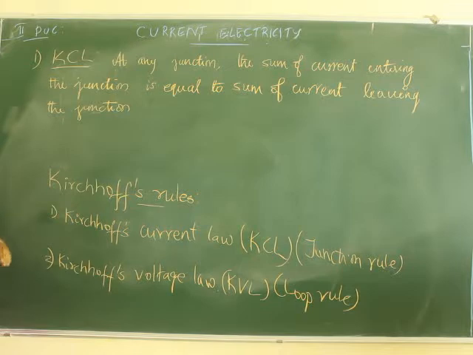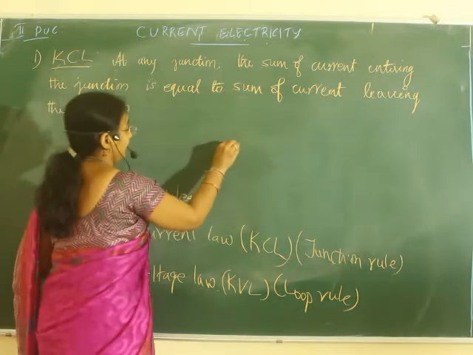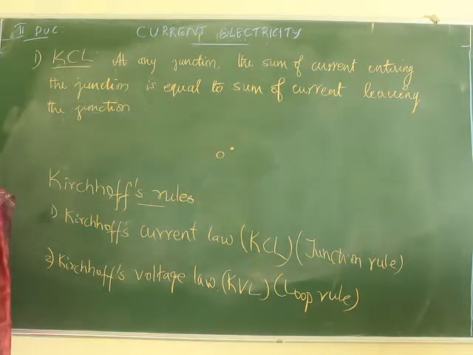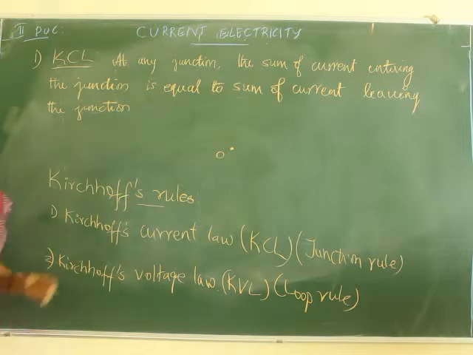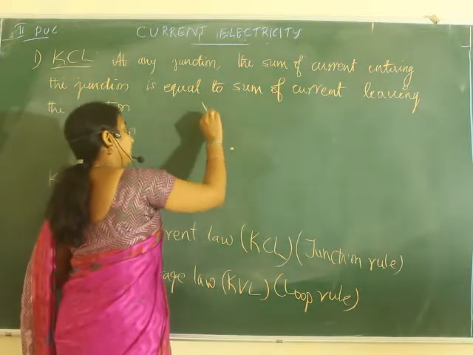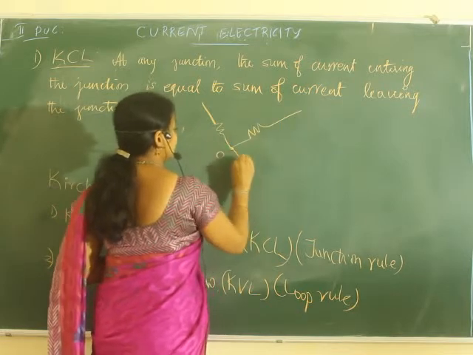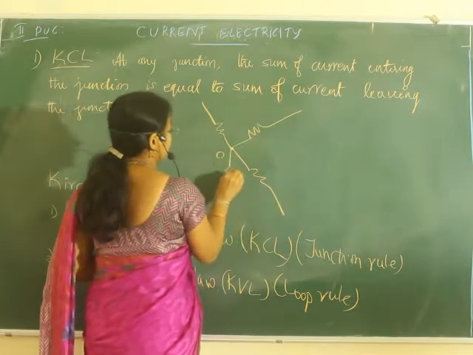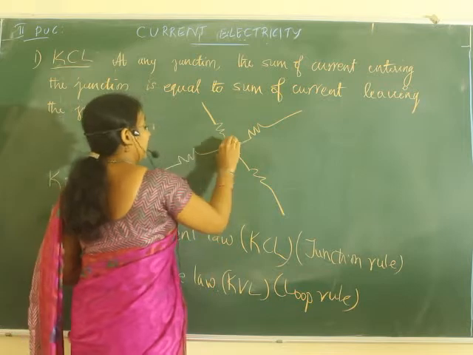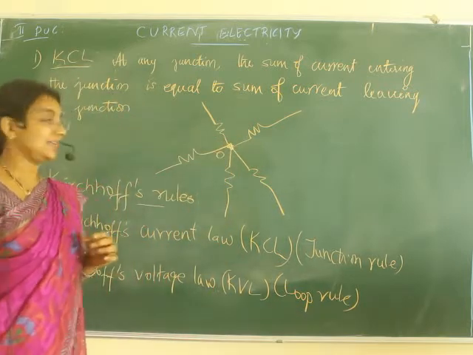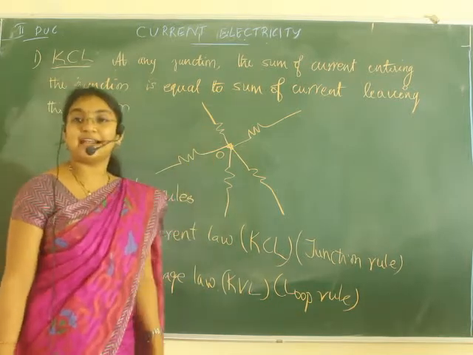Let us give a small explanation for this. Let us consider a point O. For this point O, in an electrical circuit, let there be one resistor, another resistor, one more. Total 5 resistors are connected. O is nothing but a junction.